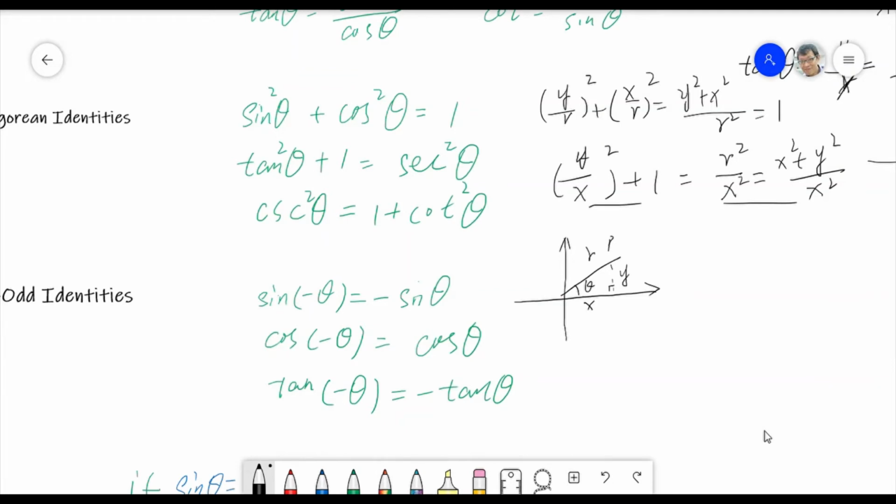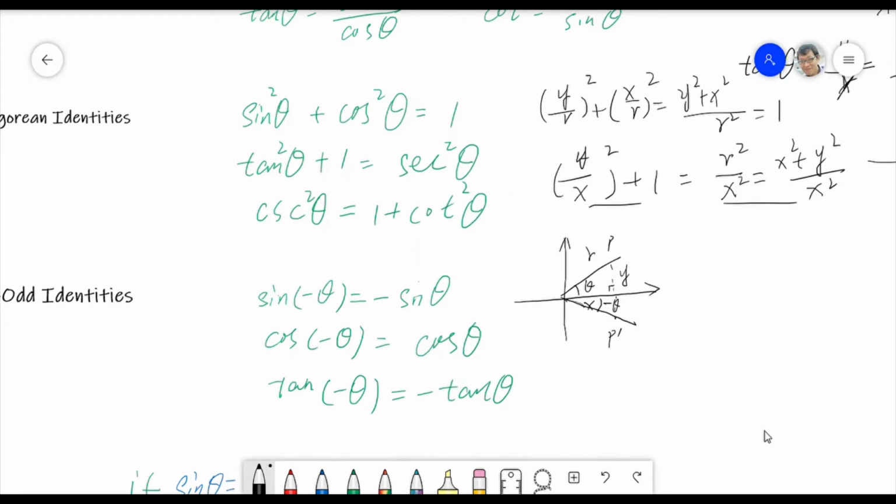Now negative theta is here: the same angle, but going to the other side, to the right, so it's negative theta. So here is another P. We can see what the difference is.